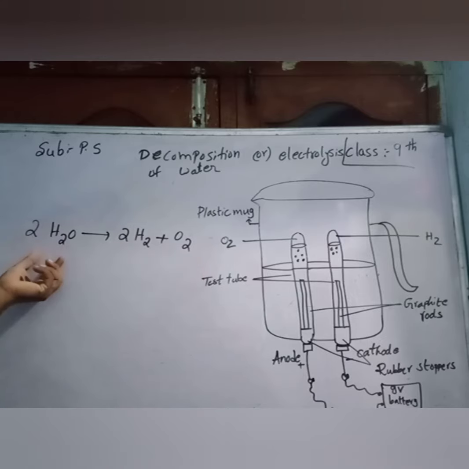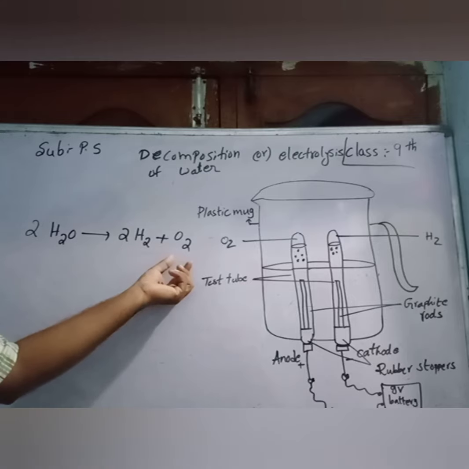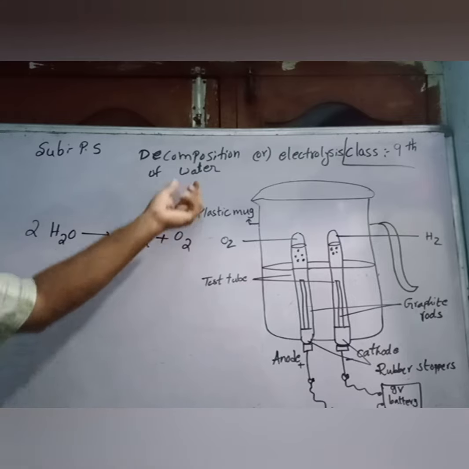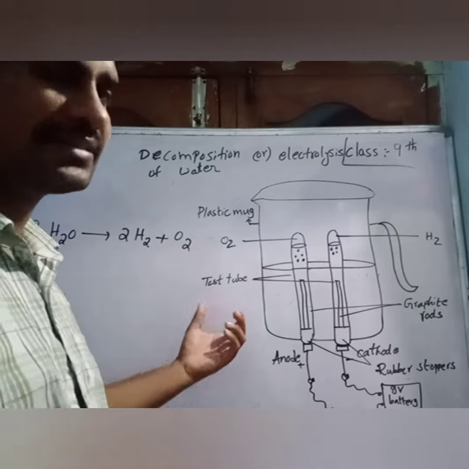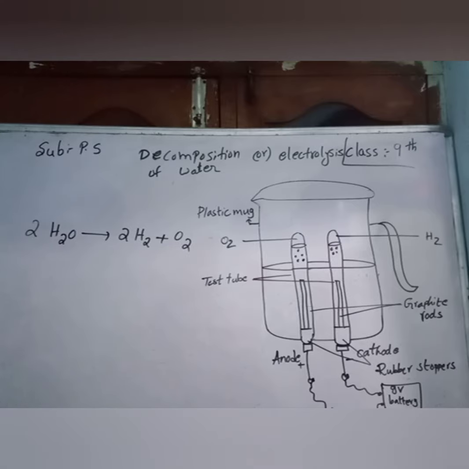So a single compound divided into two or more compounds is an example of decomposition. Now I will explain one activity or lab experiment. In this experiment, what are the materials required?